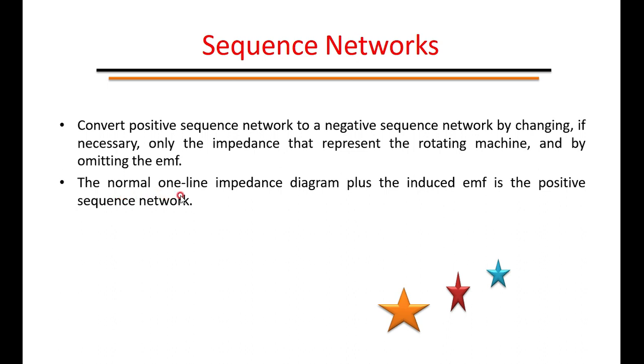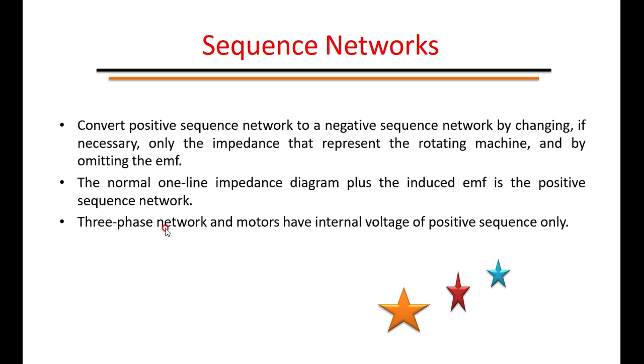The normal one-line impedance diagram plus the induced EMF is the positive sequence network. That is, as I told you, it is a source of voltage and its positive sequence reactance. Three-phase generators and motors have internal voltage of positive sequence only. That is, we have to represent the positive sequence network with a source for generator and motor only.